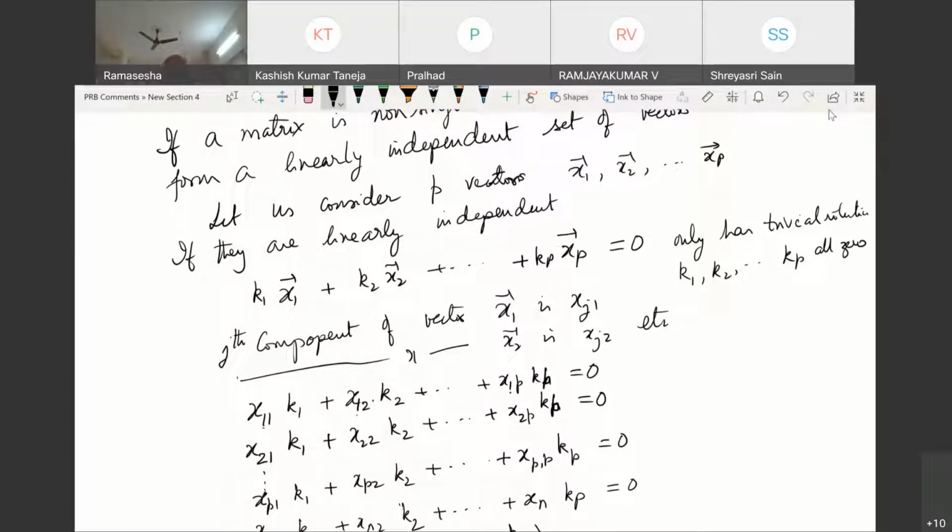Which means that no row can be expressed as a linear combination of the other rows, or no column can be expressed as a linear combination of the other columns. Is that clear? Yes. So for example, what is this determinant? 1, 1, 2, 2. What is the value of this determinant?